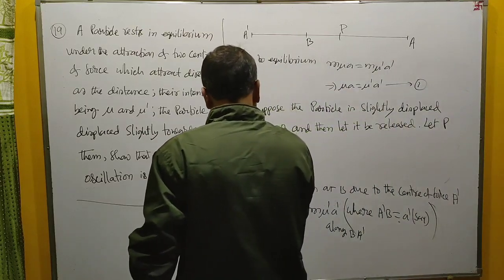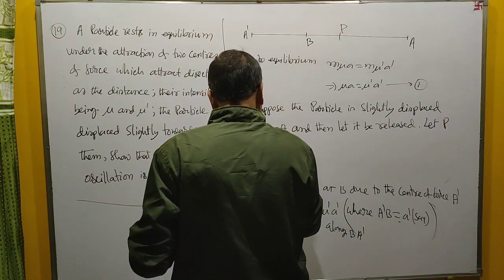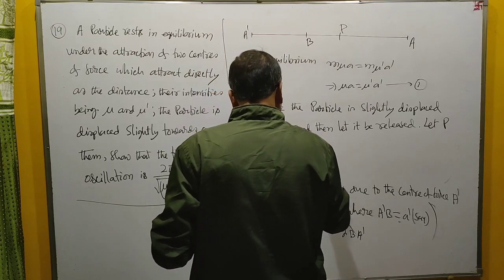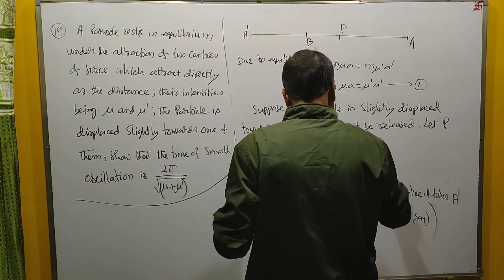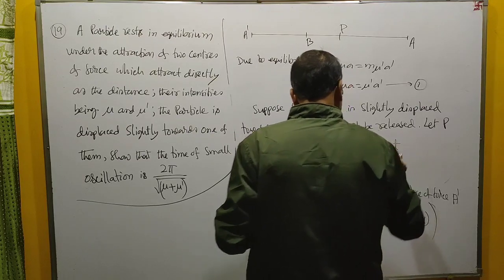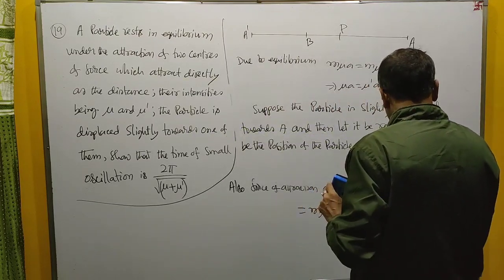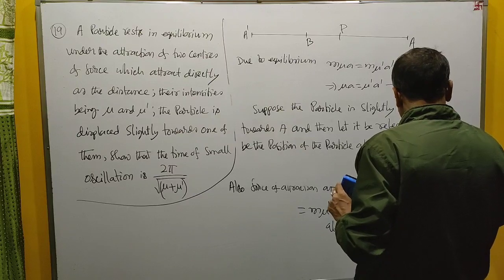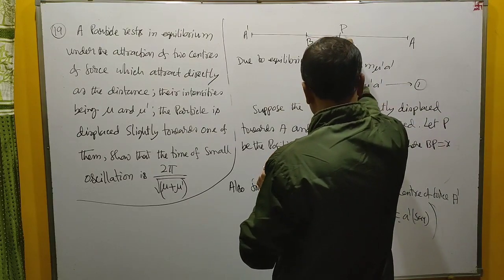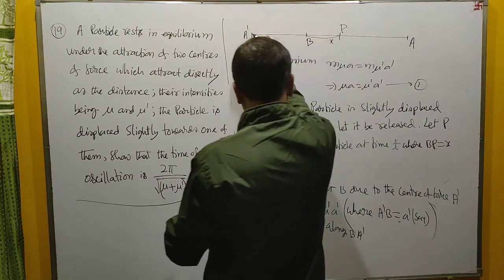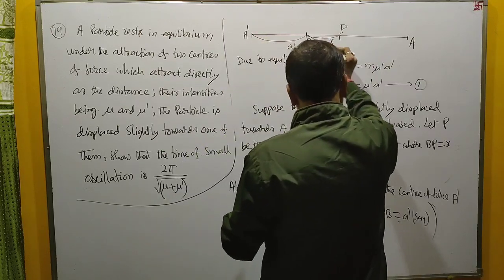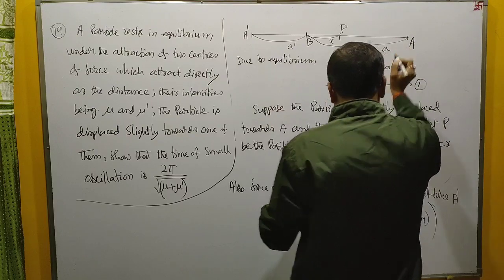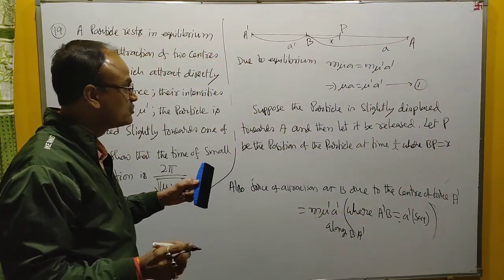Let P be the position of the particle at time t, where BP equal to x. A dash B is A dash, BA is A, and BP is equal to x.